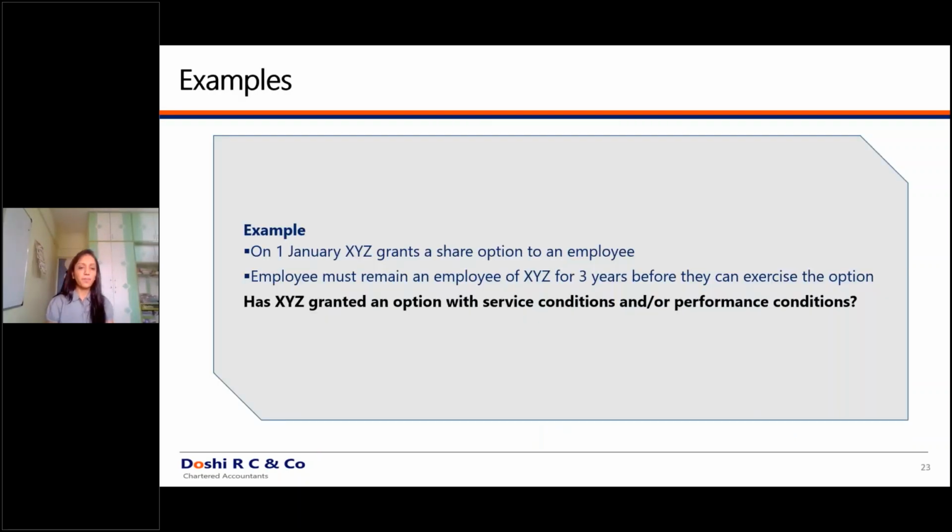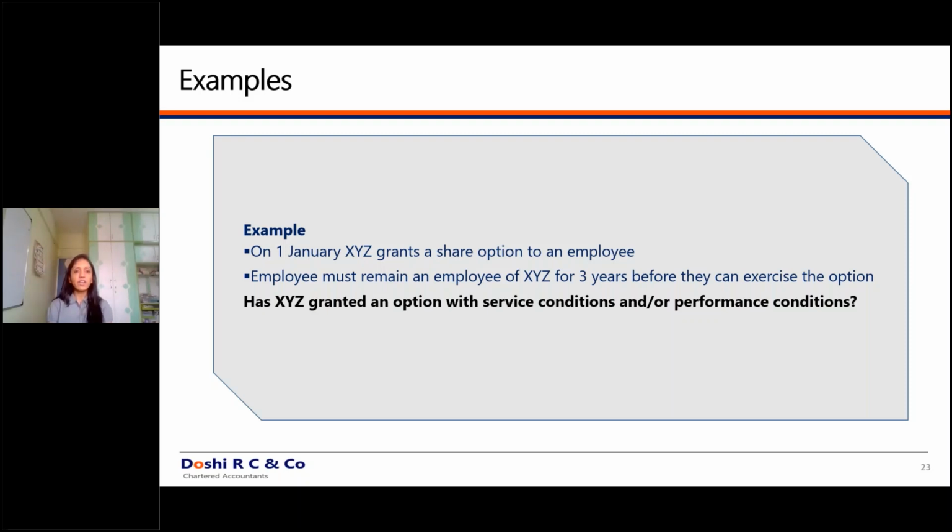Firstly, let's take an example. On 1st January, XYZ grants an option to an employee. Now, what has been said is that the employee must remain in the organization for a period of 3 years before they can exercise this option. Whether it is a service condition or a performance condition, as I discussed earlier, this is a service condition.